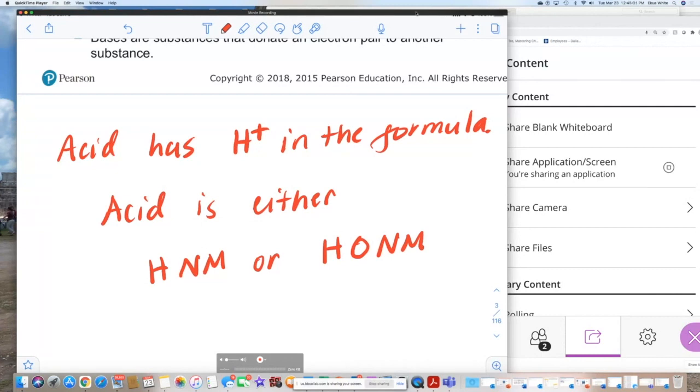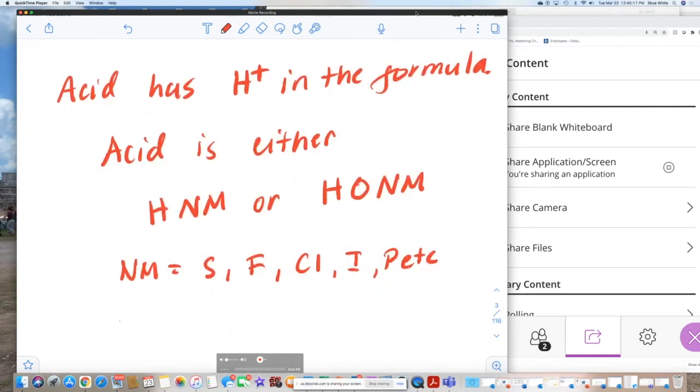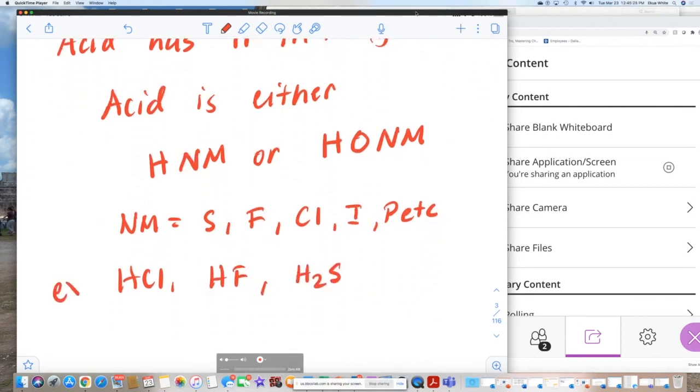And the nonmetal here can be sulfur, fluorine, chlorine, iodine. I'm trying to see what other elements there are. What else? Phosphorus, etc. So you have HCl, which gives you an acid, HF, an acid, H2S, also an acid. These are examples of different acids.